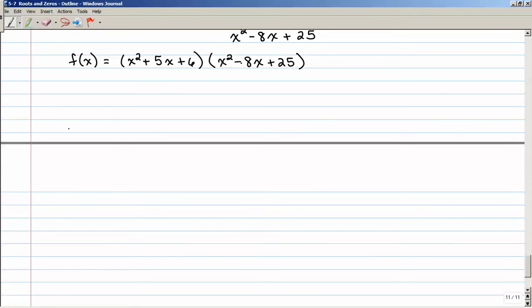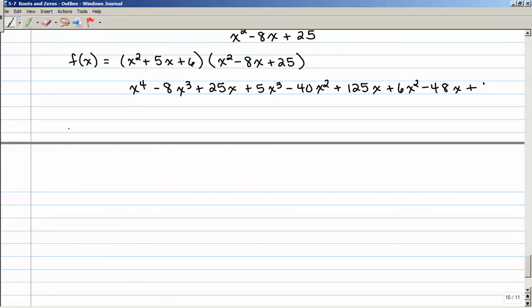So I'll take this x squared and multiply it by each one of those. x to the 4th minus 8x cubed plus 25x squared. 5x times each one of those, plus 5x cubed minus 40x squared plus 125x, and now 6 times each one of those, plus 6x squared minus 48x plus 150.